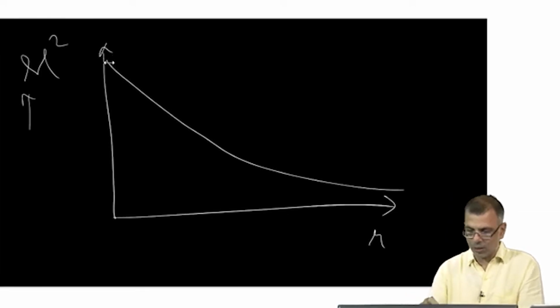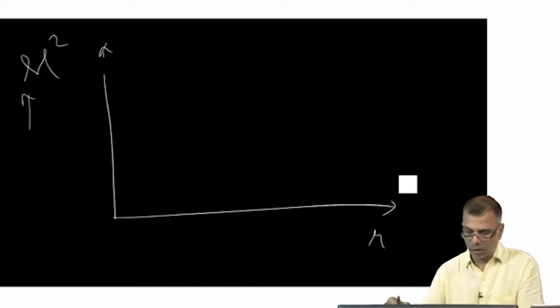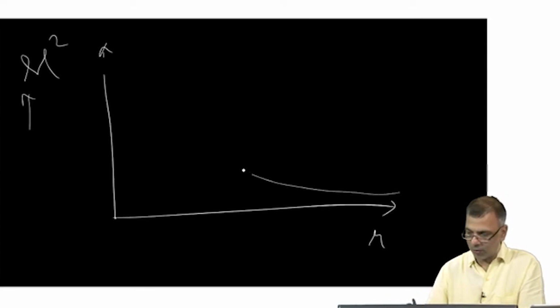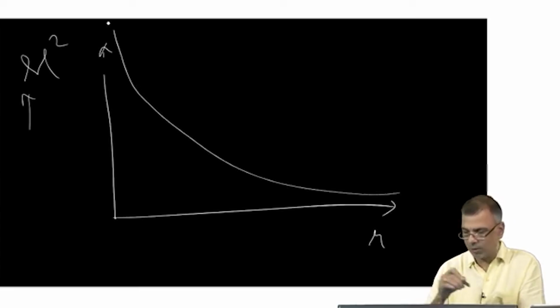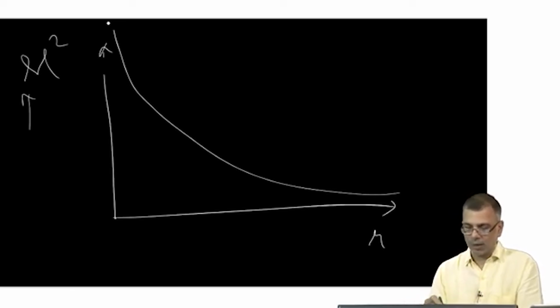In particular, maybe this is not the best way of drawing this. I should draw this: it increases without bound. In fact, the Mach number goes to somewhere like infinity, and somewhere here would be 1.